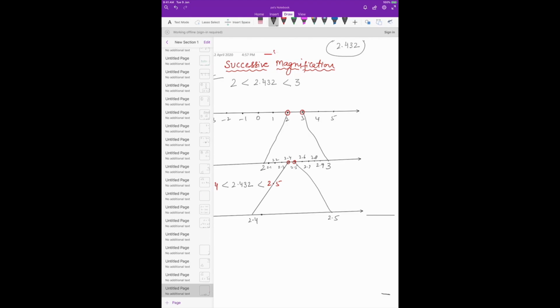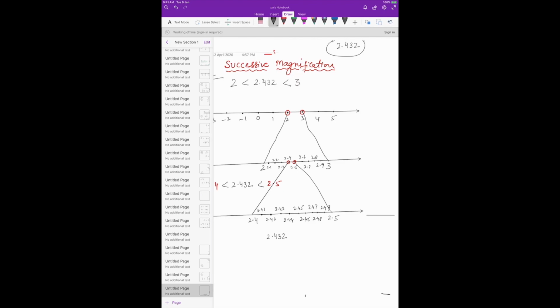That is 2.41, 2.42, 2.43, 2.44, 2.45, 2.46, 2.47, 2.48 and 2.49.